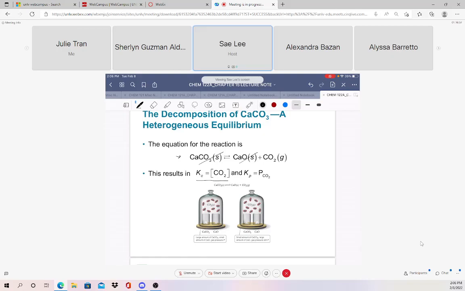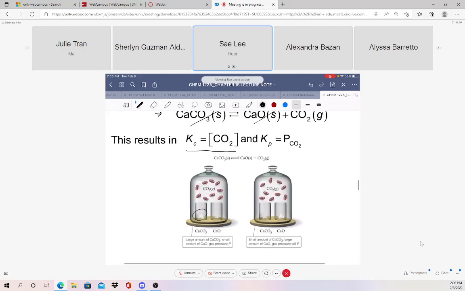As you can see from the diagram, here's a solid powder. I don't want to zoom in because I don't want to freeze the screen, but here's a solid powder of calcium carbonate and a solid powder of calcium oxide.